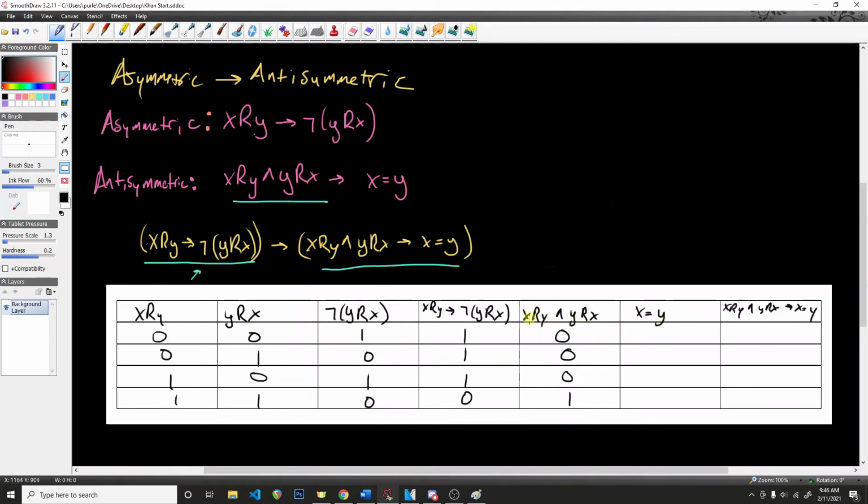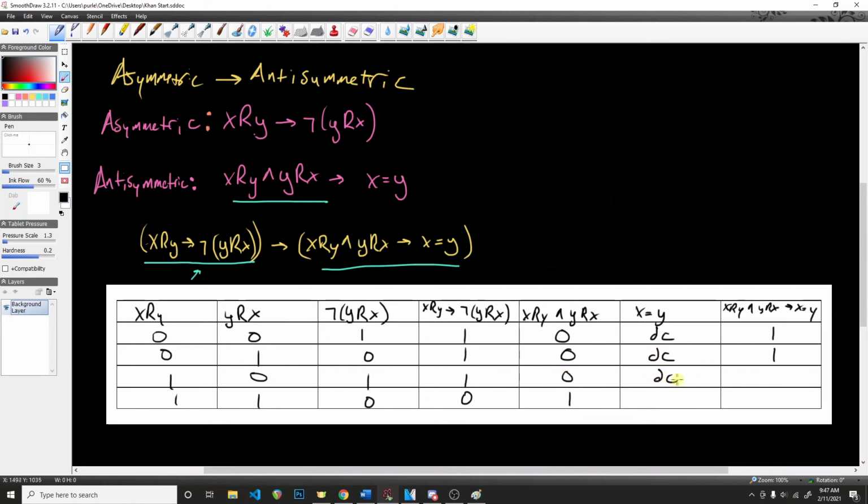We don't have anything to really go off of based on the information we have. But what we can say here, we have XRY and YRX. This is 0, so this is going to be a 1 because it's vacuously true. We don't really care what this value is, so I write DC for don't care. Here, once again, we have XRY and YRX is false. So again, this entire right-hand side is going to be true because we don't really care what X equals Y is. And then same thing here.